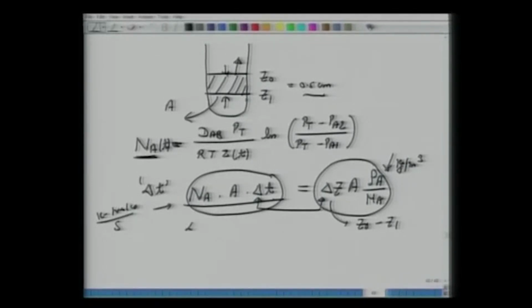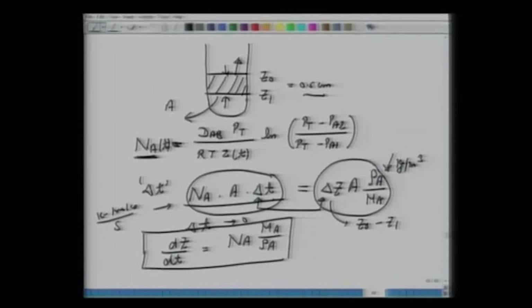In the limit of del T tending to 0, essentially we have dZ over dt equals NA MA over rho A. This is the expression for dZ by dt, the rate at which the surface level changes.